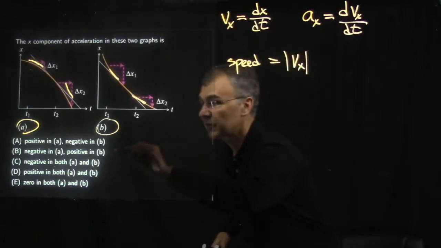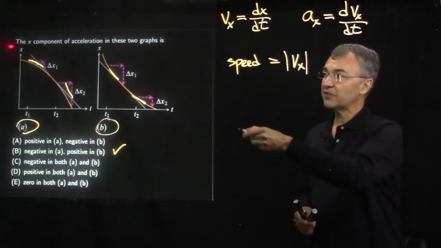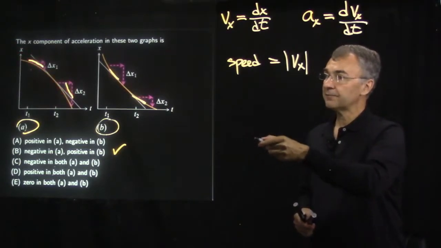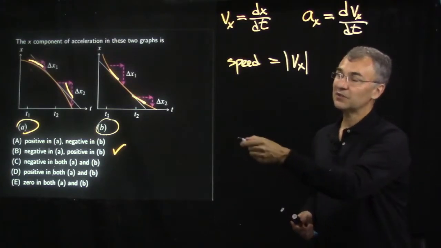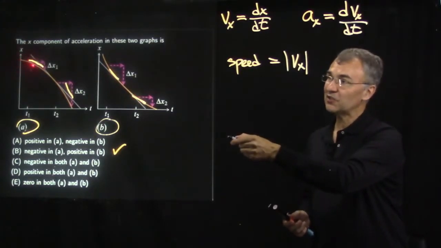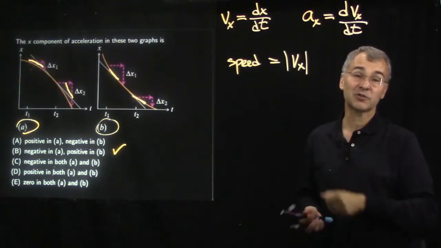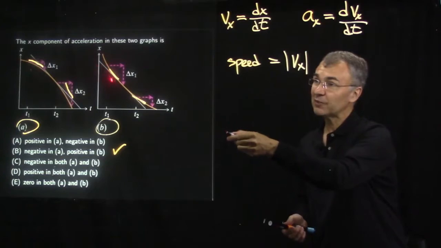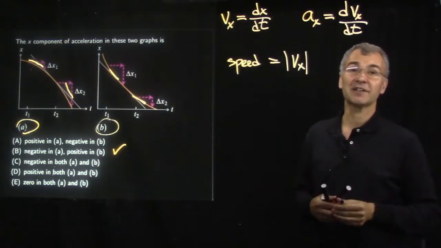So I would go for B. A sub x is negative in A, and a sub x is positive in B. This is tricky because v sub x here is negative, and here v sub x is more negative, so you have to subtract from it to make it more negative. Here v sub x is negative, and here it is less negative, so you have to add to it to make it less negative.